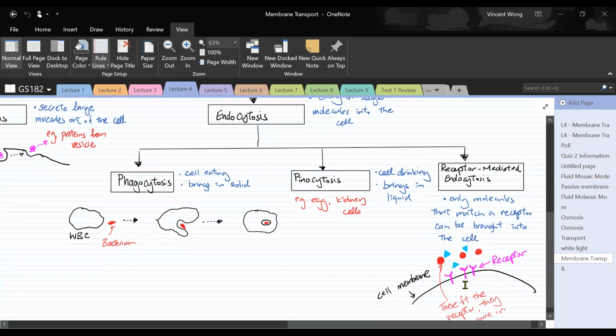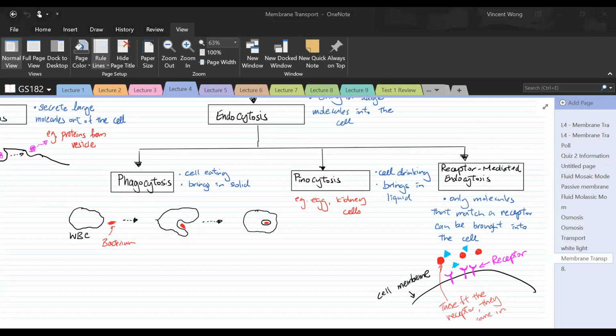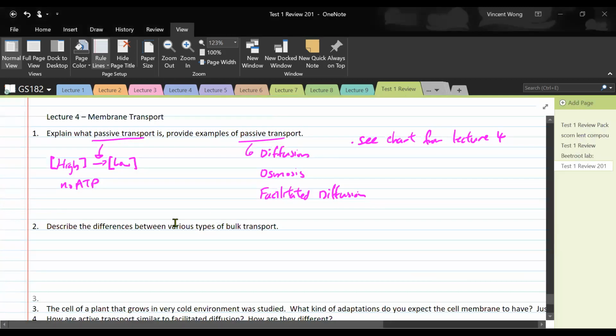You can't just bring in random stuff. It has to match a receptor. So there's more control, more selectivity in terms of what you are bringing into the cell. Okay, so those are the different kinds of bulk transport.